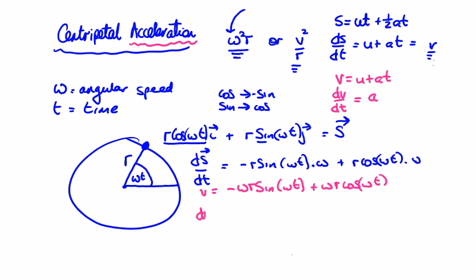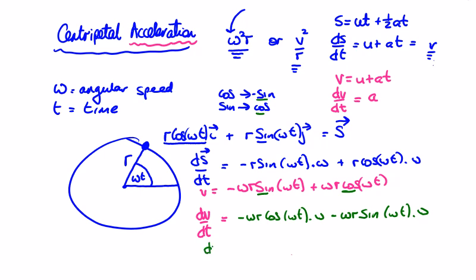So dv dt will become, differentiating sine, we get cos, so this is going to be minus w r cos wt by the differentiated angle, and then cos goes to minus sine, so we're going to get minus w r sine wt by the differentiated angle with respect to t, which will be w.